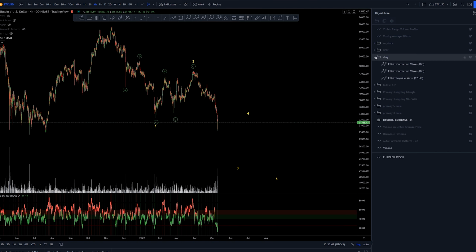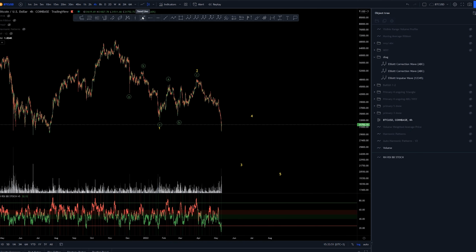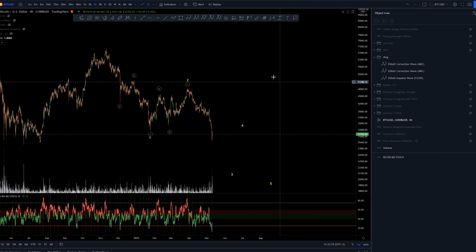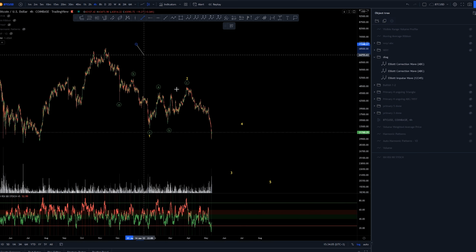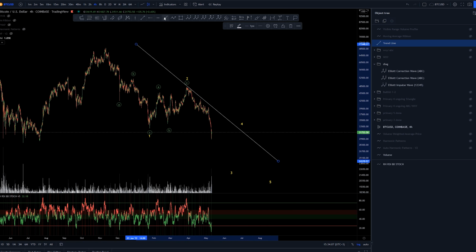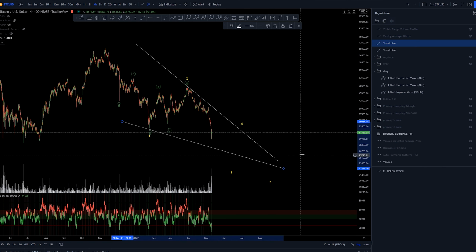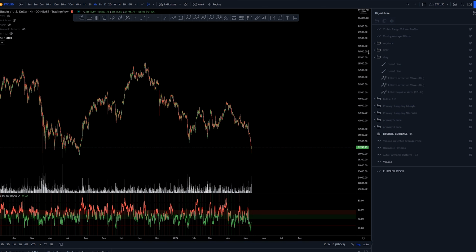There's also a possibility of a diagonal starting here. Again, this could be the ABC or WXY in one of these structures here, and we could be looking at some kind of diagonal in the future. Really don't know if it is expanding or contracting diagonal yet, but again, just an idea that we might keep here to track.